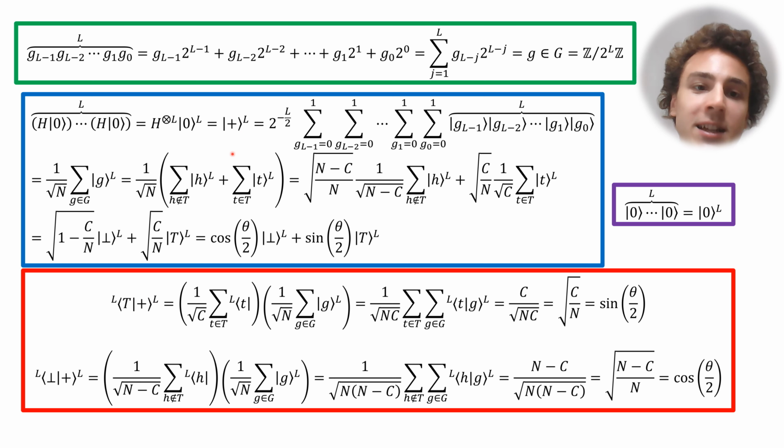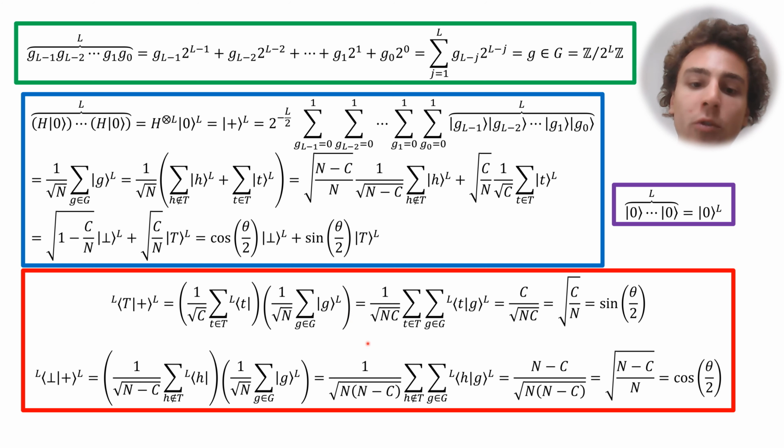So the plus state is just shorthand notation for the uniform superposition of all L-qubit computational basis states. And here we have the bra version of the target superposition, and then we have the ket version of the plus state. So we're summing over all the t's in this bra version, and we're summing over all the g's in this ket version. And we can pull out these normalization coefficients and combine them into one.